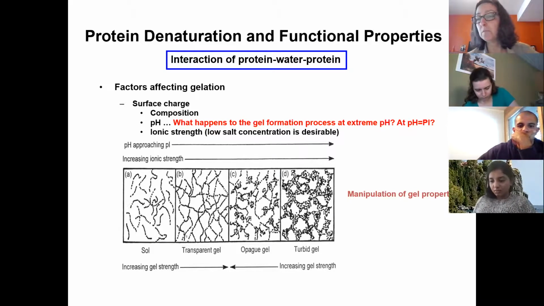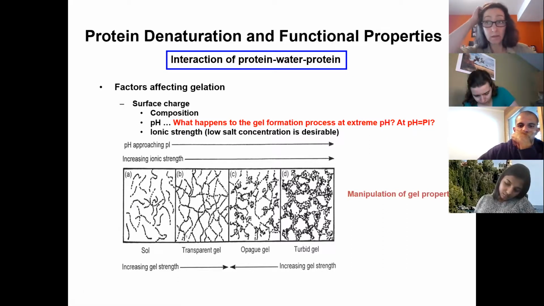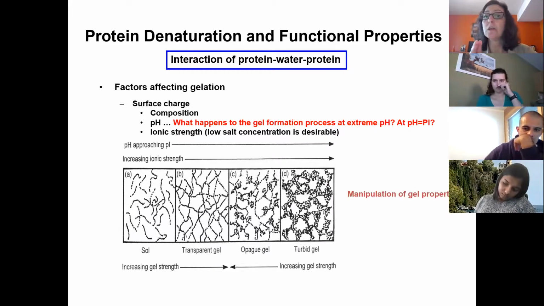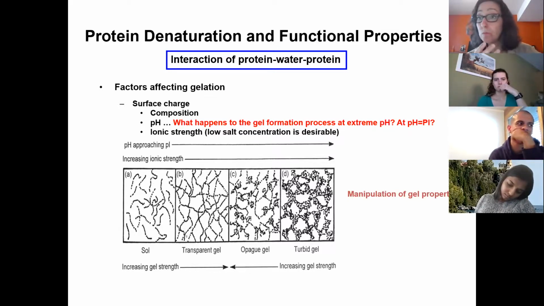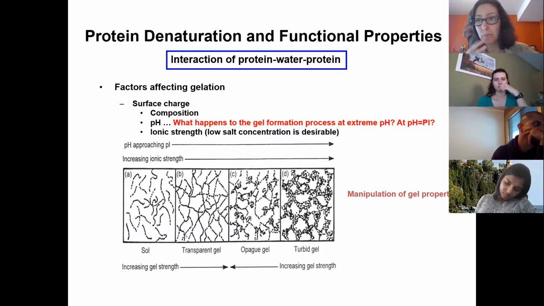You want it to be not at the isoelectric point either, because then you form aggregates, such as a turbid gel. So you form aggregates rather than a nice network. So pH is important. What pH? It depends on the type of protein. One protein at pH 6 would be better, another type of protein at pH 7 would be better to form a strong gel.